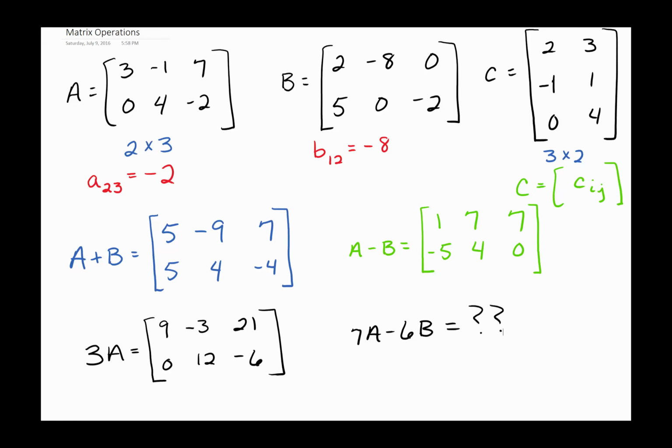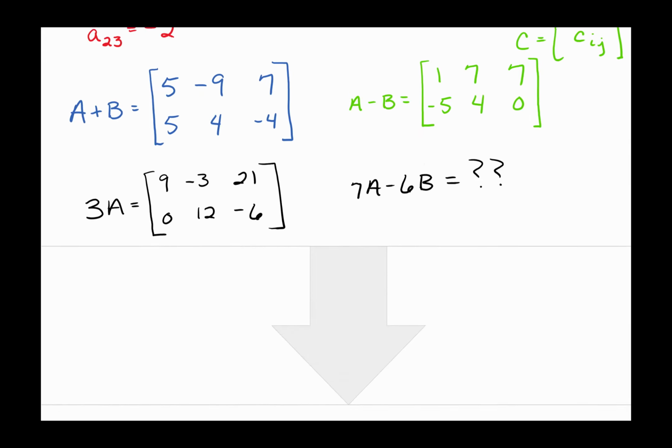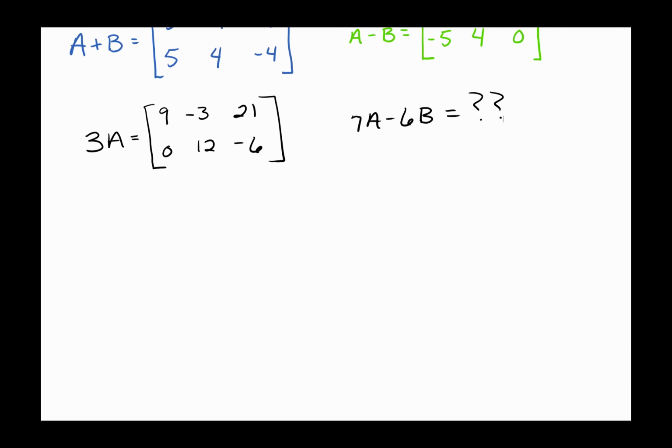Okay. But let's take a moment and talk about multiplication. Oh, no. Before we do that, we probably ought to mention we have some basic arithmetic properties that we're used to when we're doing numeric addition that also apply when we're doing addition and subtraction.